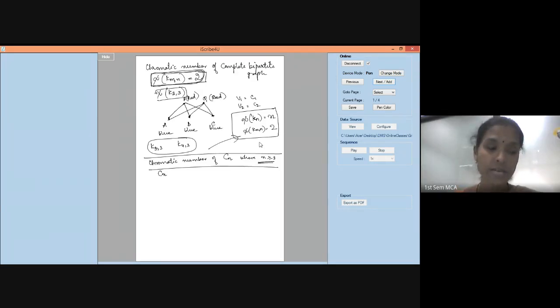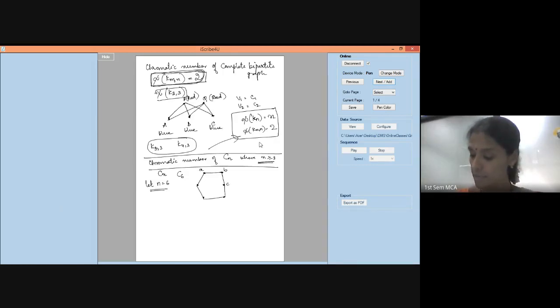Now, let us take some individual cases. Let us say n is 6. If I take n as 6, how do I draw C6? I have to take 6 vertices. It's a cycle, correct? So, I will draw like this. This is C6.